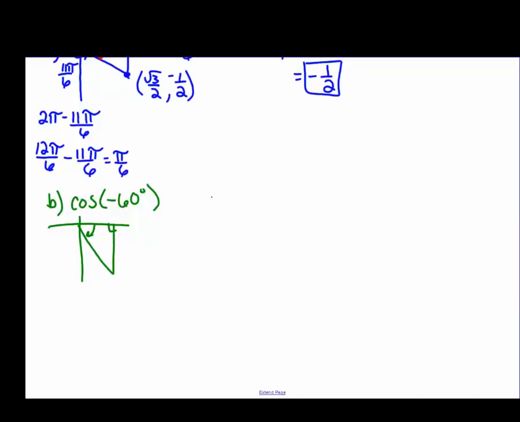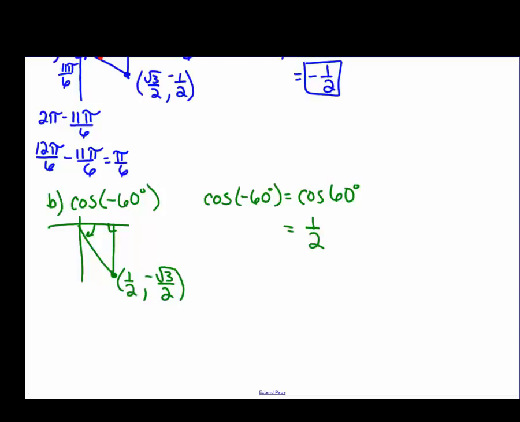And so the cosine of negative 60 degrees is going to equal the same thing as the cosine of 60 degrees because remember, this function is even. Okay, and so when we find the cosine of 60 degrees, we can look at our unit circle and we see that at 60 degrees we get 1/2, square root of 3 over 2. And so the cosine value is going to be 1/2.